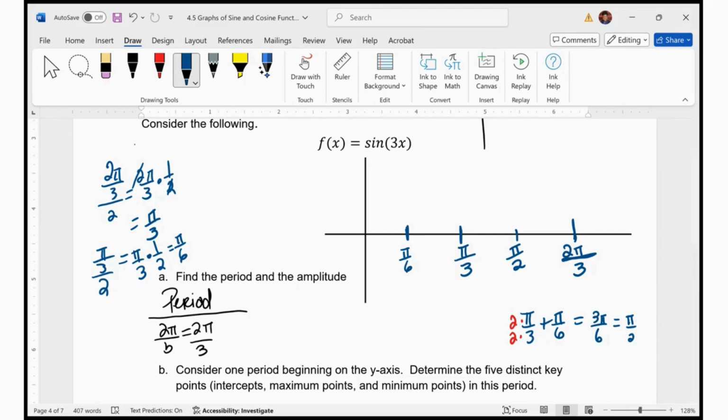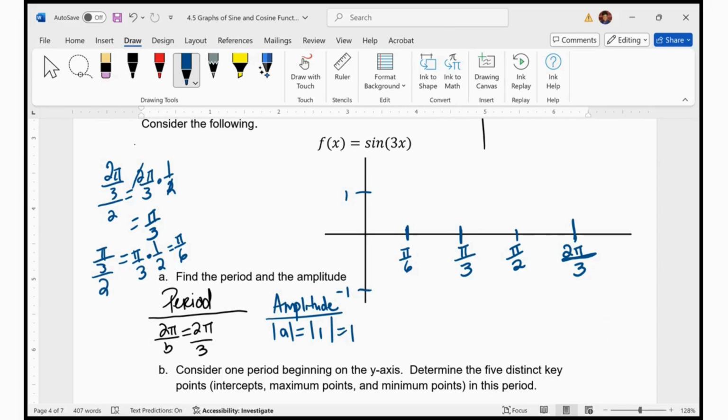And then we know amplitude is the absolute value of A. And in this case, A is what? 1. Okay. We know that the sine crosses the x-axis where? Where does sine cross the x-axis again?